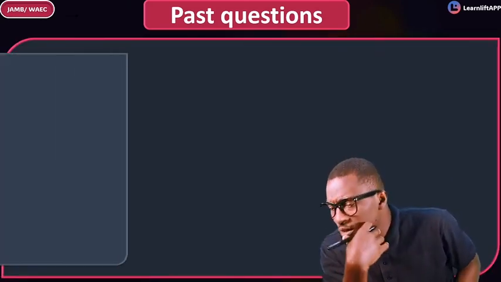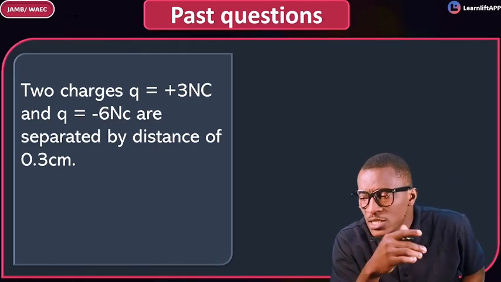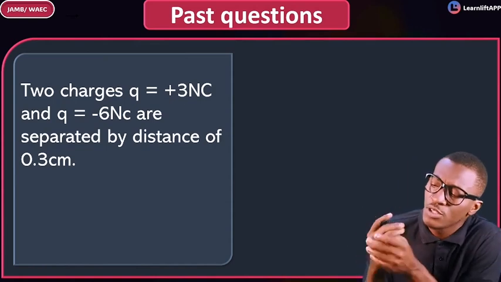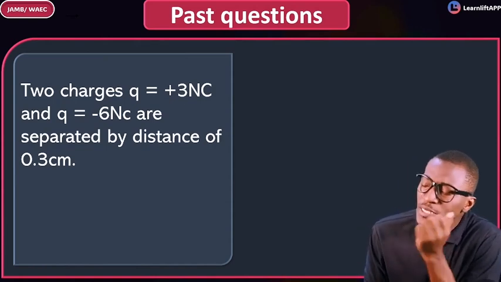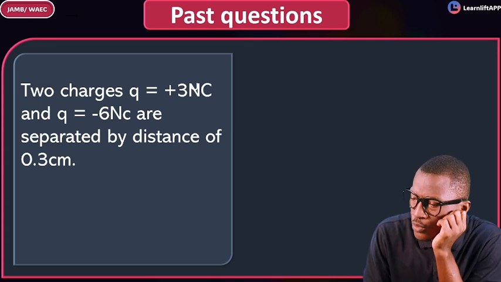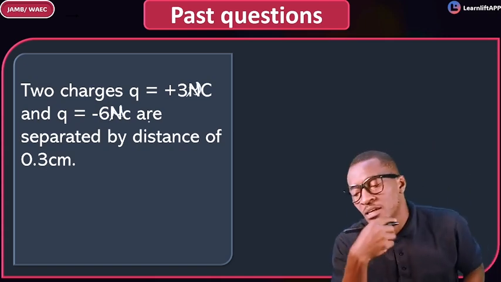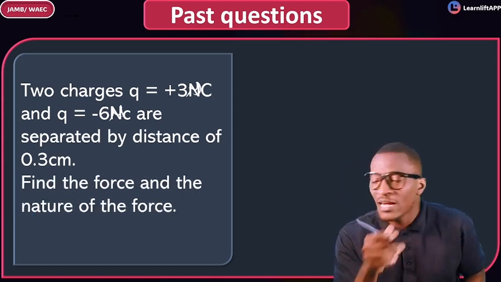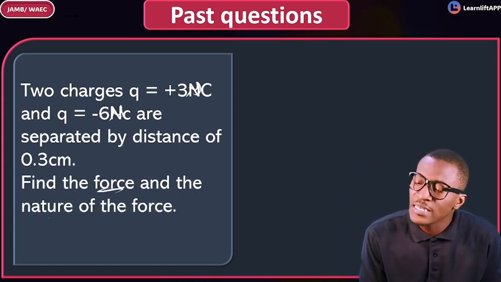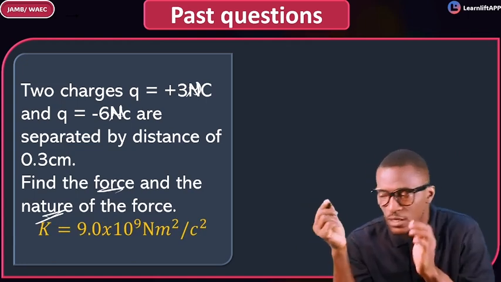Let's take a past question. We're given that two charges, 3 microcoulomb and minus 6 microcoulomb, are separated by a distance. The question says calculate the force and the nature of the force. They give us K. Now, very simple.